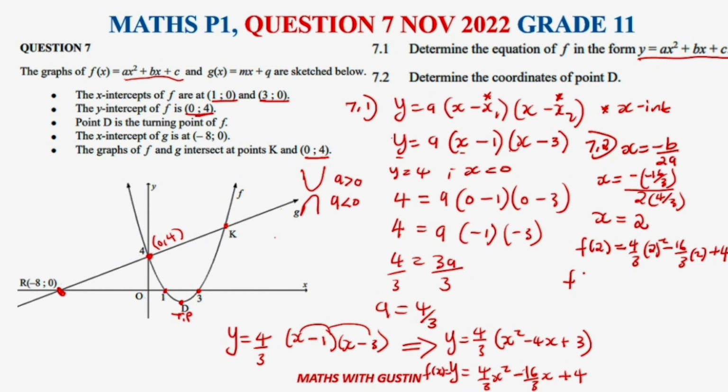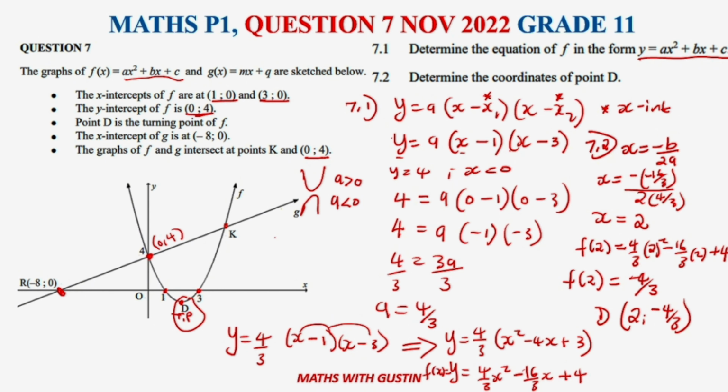Once we punch this into our calculator, I'm getting negative 4 over 3. Therefore the coordinates of D, the turning point, would be 2 comma negative 4 over 3. Which kind of makes sense because at this point x is positive and y is negative. And that's how you would deal with 7.1 and 7.2.